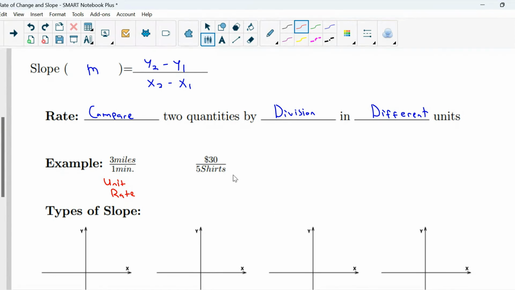When we are comparing things to multiple units, this is just called a typical rate. So we have $30 per 5 shirts, or $30 over 5 shirts. Remember, rates act the same as fractions, so we can divide and simplify them the exact same way. So 30 over 5, we can divide both of our numbers by 5, to give us $6 per one shirt. Now that we've simplified this, this has become a unit rate.